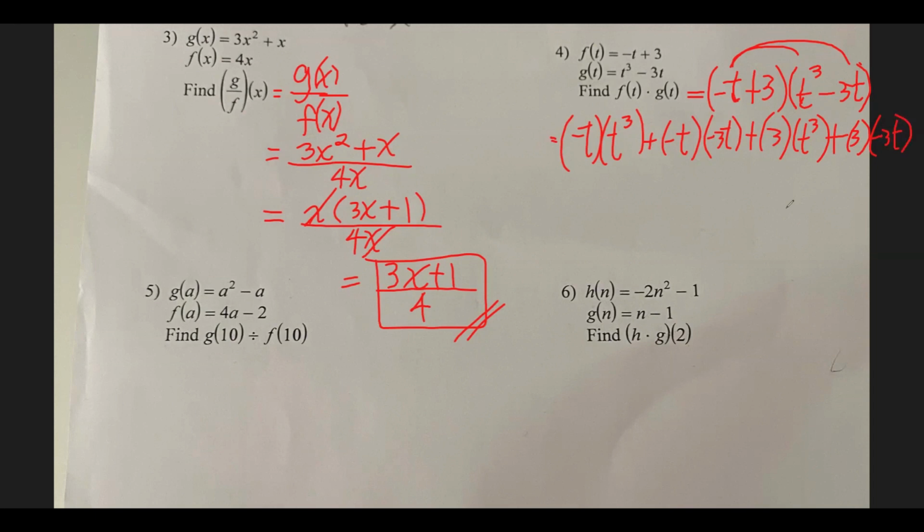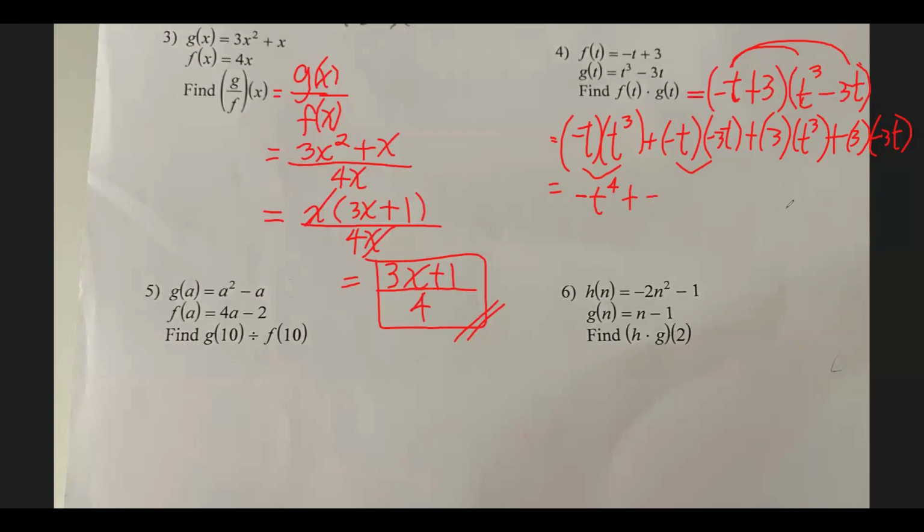Now we can multiply each term. So negative t times t cubed. They are opposite signs, so therefore the answer is negative. Then let's add our exponents. Next, the second term: they are both negative, therefore the answer is positive. Since they have the same base, which is t, you add their exponents.